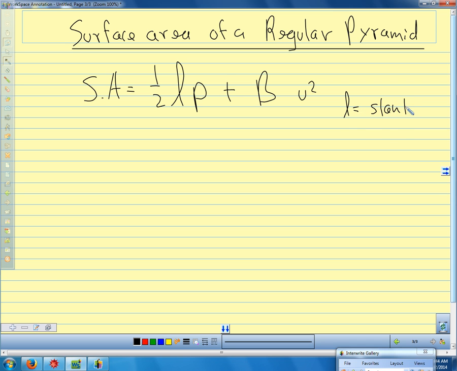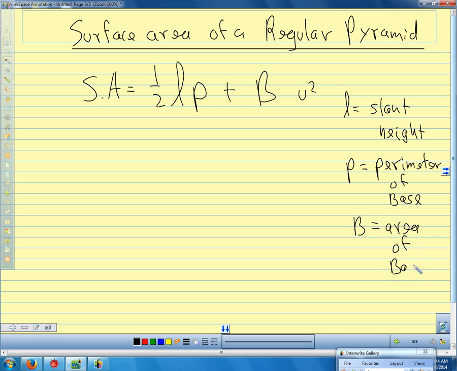L is the slant height. P is the perimeter of the base. And B is the area of the base. One-half LP is the lateral area, and capital B is the area of the base. So questions on our formula?